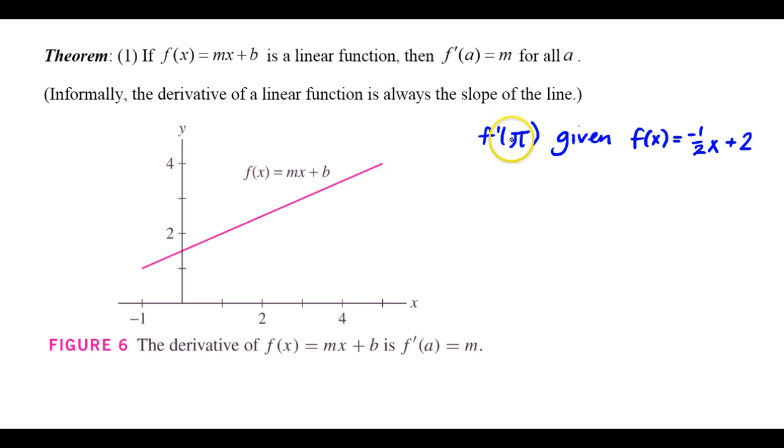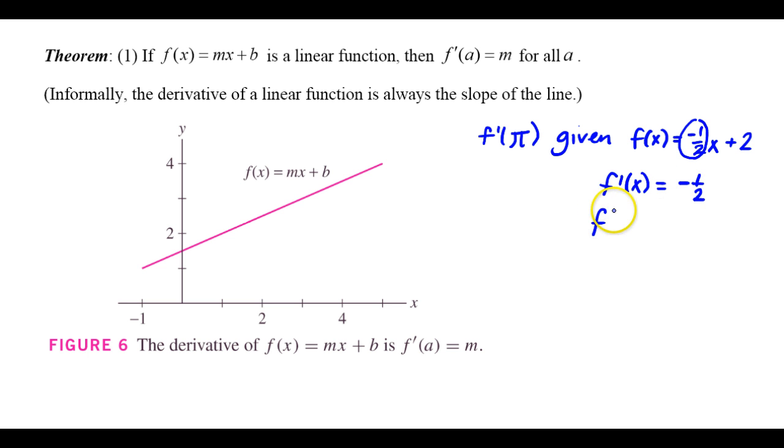So f prime of pi, I want to find the derivative of the function f at the x value pi. Well, f prime of x, this theorem tells us, is always negative 1/2 because this is a linear function. So the derivative of a linear function is always, always, always just the slope of the line. So f prime of any value x equals negative 1/2.